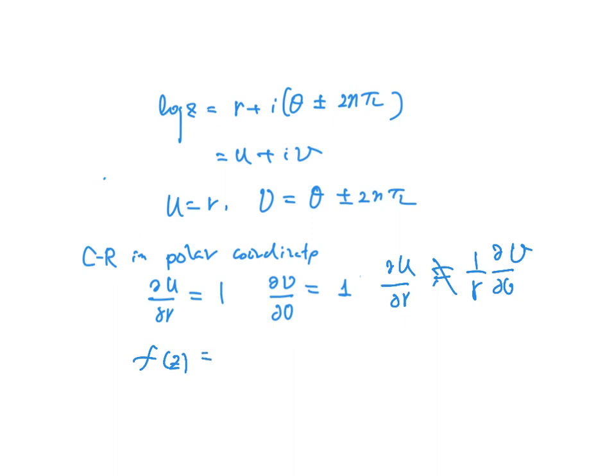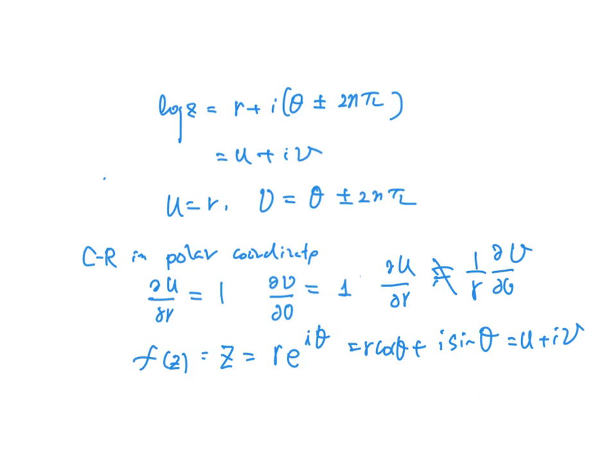On the other hand, if f(z) is exponential z, say z = r exponential i theta, r cosine theta plus i sine theta, u plus iv.